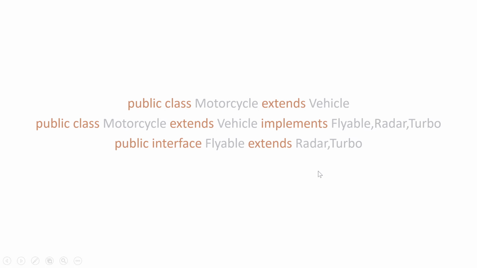All right, so to summarize, a Java class can extend only one Java class at a time, but it can implement many interfaces if needed. An interface can extend multiple interfaces. I hope this is clear, and I will catch you in the next lecture.